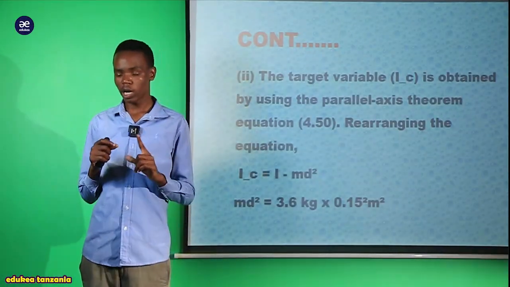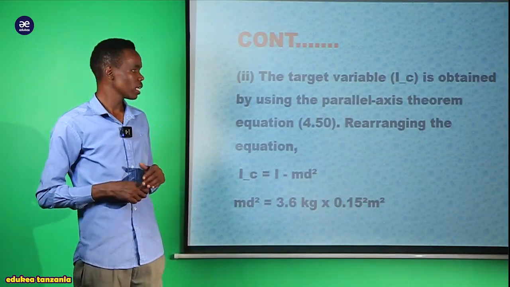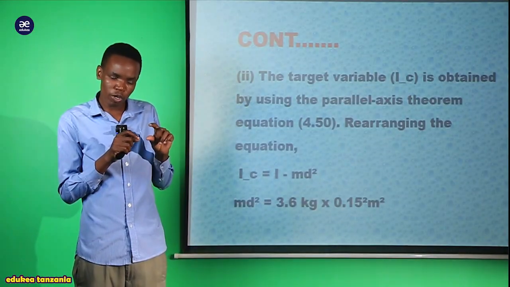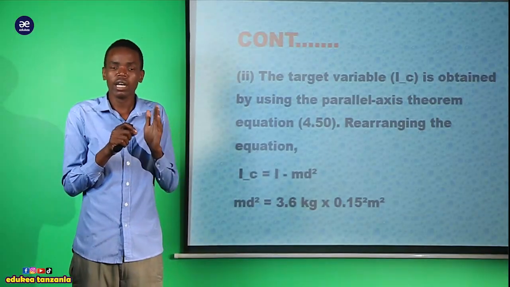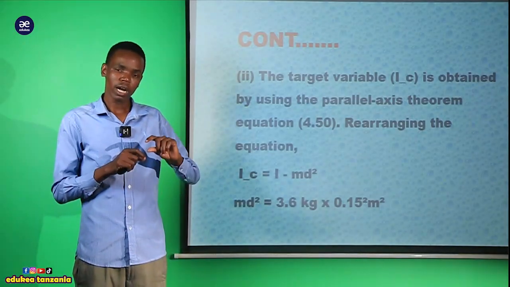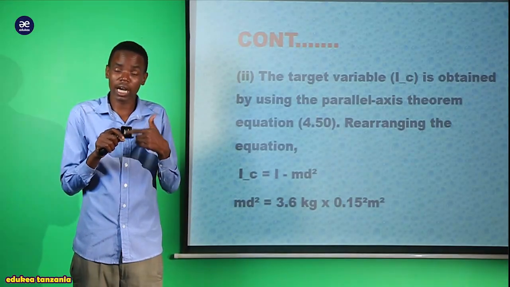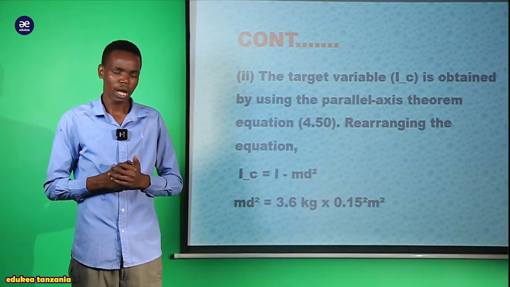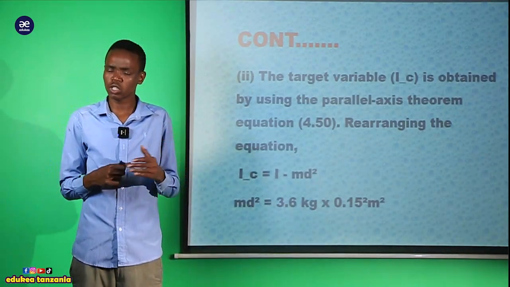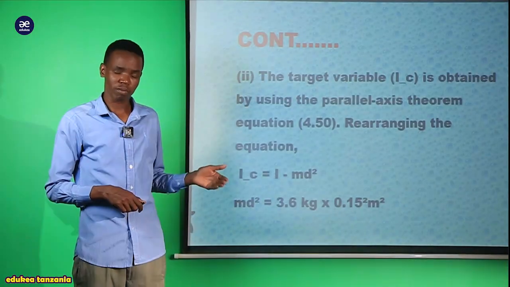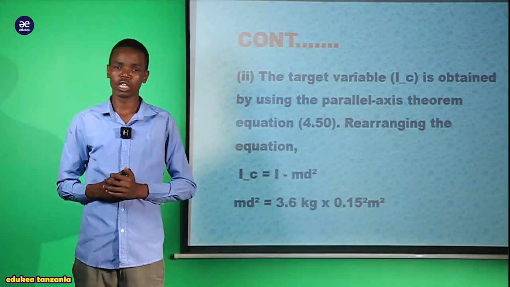car mechanical linkage. For the car mechanical linkage, we know the moment of inertia through any axis is equal to the moment of inertia through the center plus the product of the mass and the distance squared. But we have been given the moment of inertia through an axis, and we have been asked to find the moment of inertia through the center.